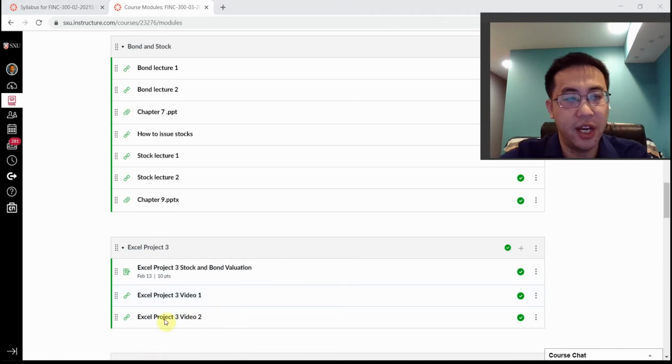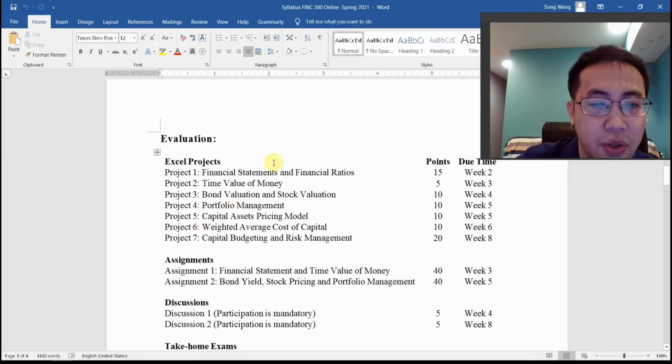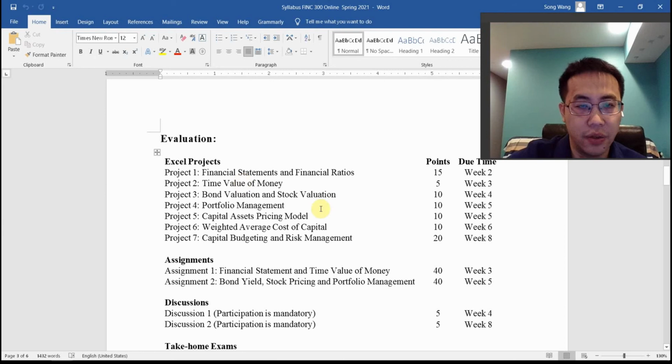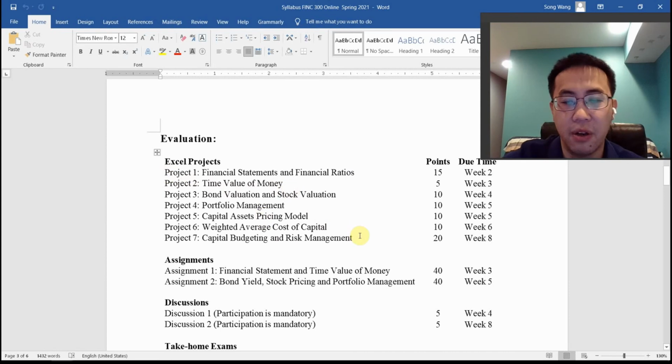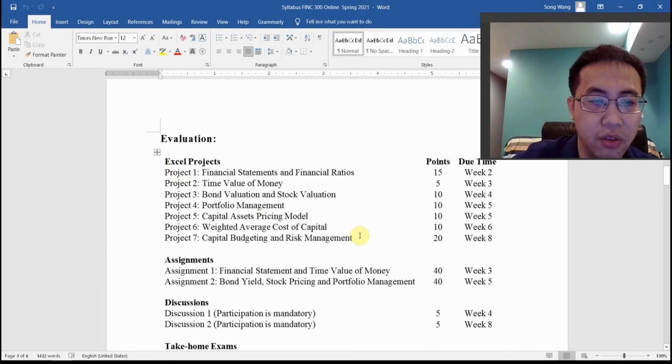What I'm trying to say is for these Excel projects, you have 7 in total, and you just need to follow what I was doing in the Excel videos, and then do exactly the same thing, and then save your work and submit it as your assignment. So it's a simple replication of what I do. There's no improvisation. You just simply need to follow.